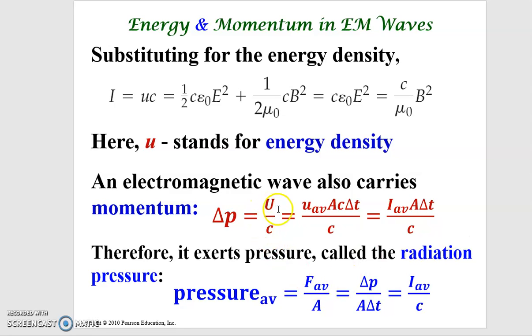So the momentum is the total energy divided by c. And what is the total energy? This is what we just used before: the energy density multiplied by the volume. So now you can use the result here. The intensity is simply the energy density multiplied by c. So U average multiplied by c is replaced by the intensity average. Now this is the relation between the momentum and the intensity.